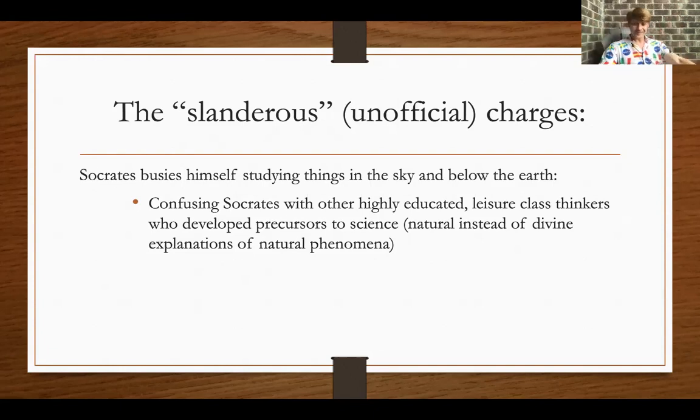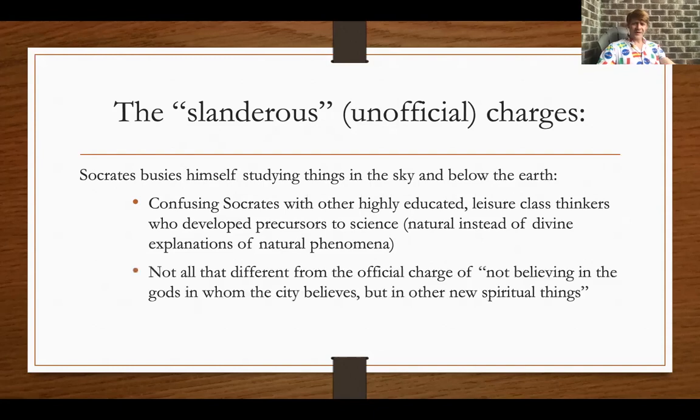Maybe the heat, this and that, atoms rubbing up together makes lightning happen. That's the idea. Okay, so we can see here that there's some relation between this official charge of not believing in the gods and this other charge of being a natural scientist, right?